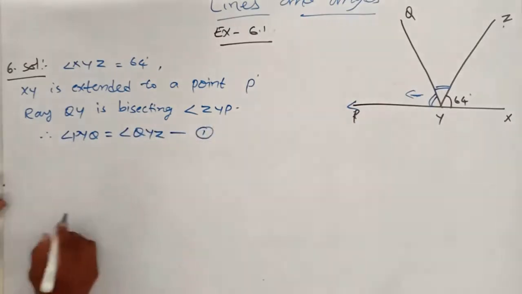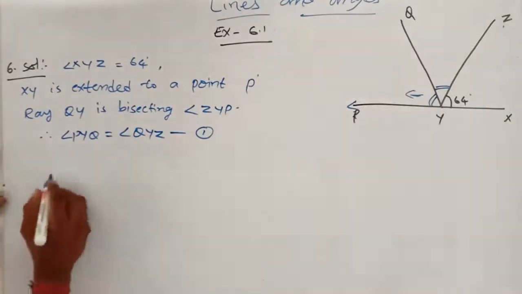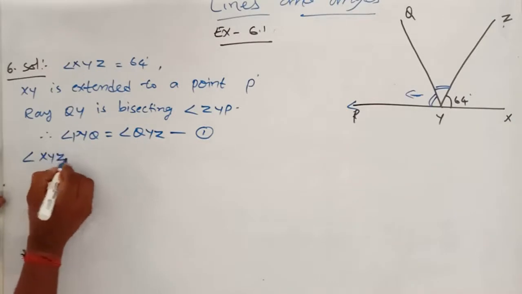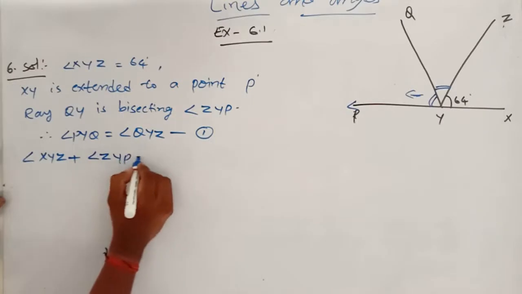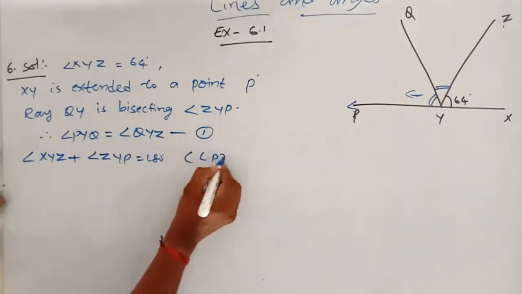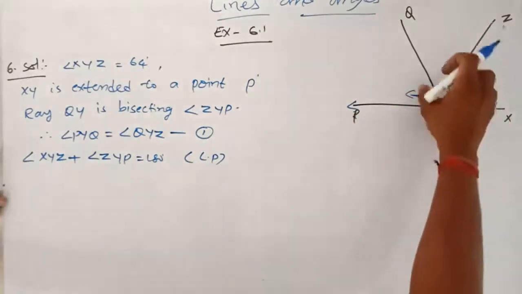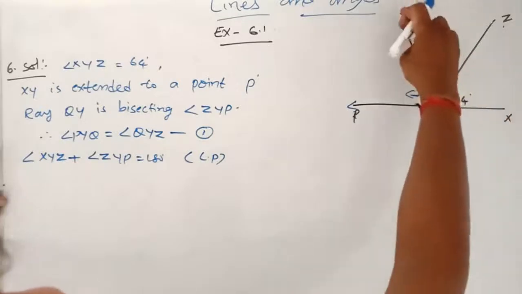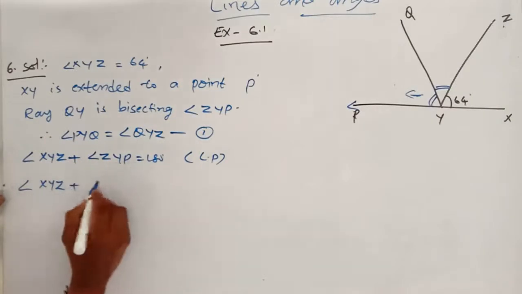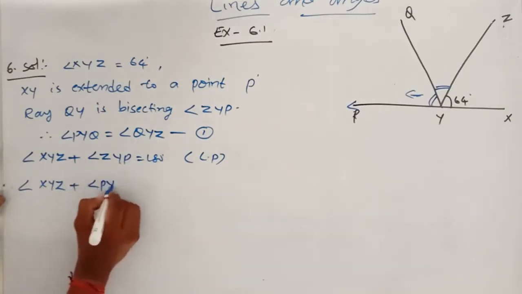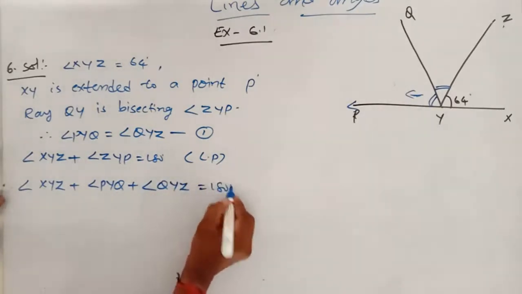This is the first equation, and clearly it is a linear pair. So angle XYZ plus angle ZYP is equal to 180 degrees. Now ZYP is equal to angle ZYQ plus QYP, so I am going to substitute that. Angle XYZ plus angle PYQ plus angle QYZ is equal to 180 degrees.